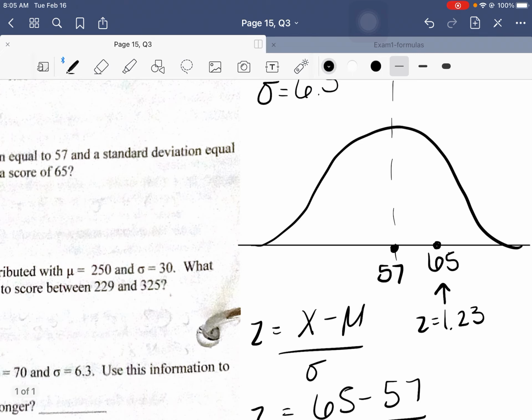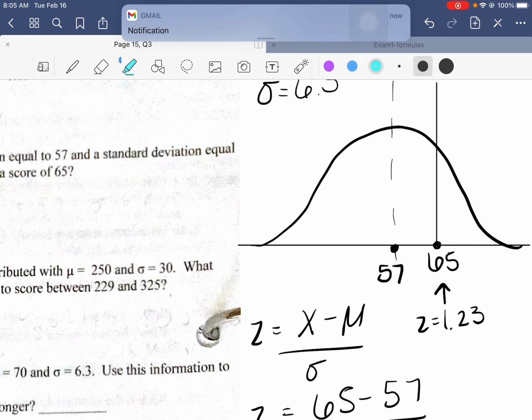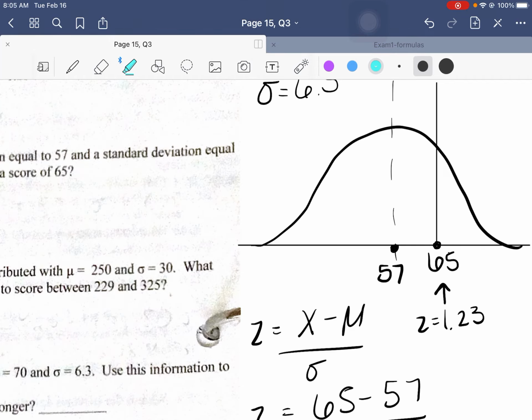And remember that the percentile, if, for example, we said that that was the 70th percentile, I'm not saying that's the answer, but for instance, if that was what we got, we would interpret that by saying that 70% of people scored a 65 or less on the exam.